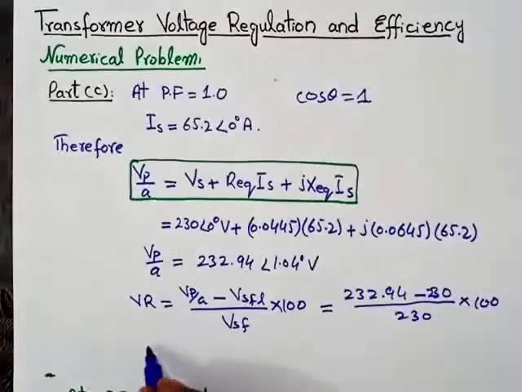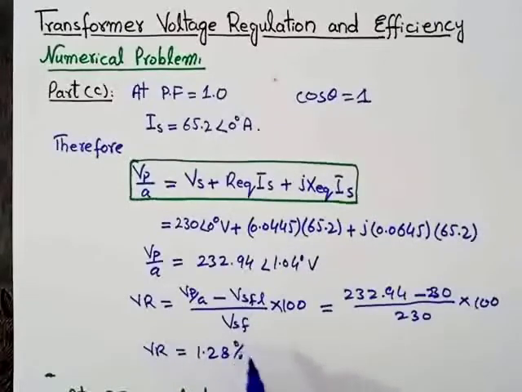After solving this, the voltage regulation is now 1.28%. Voltage regulation is still positive. The reason is that in case of resistive load, when we connect the resistive load, the voltage will drop as well. As you can see in this equation, the no load voltage is greater than the full load voltage. So that's why the voltage regulation is positive.